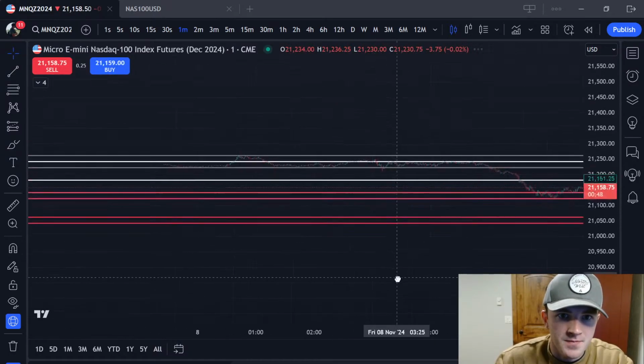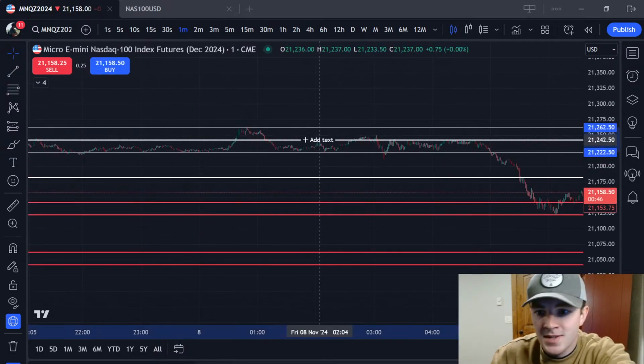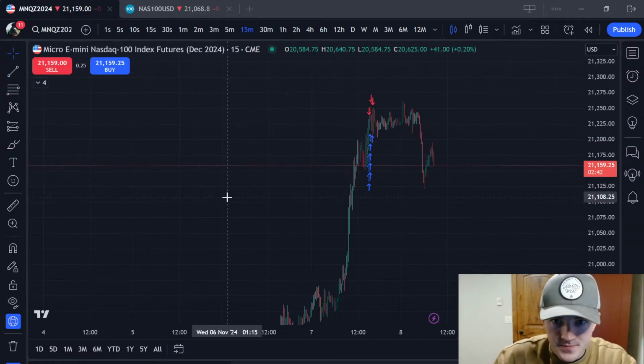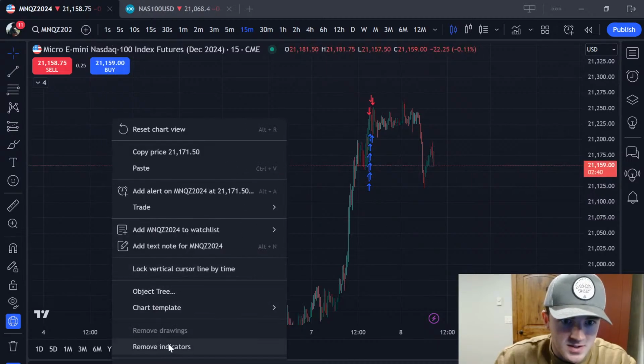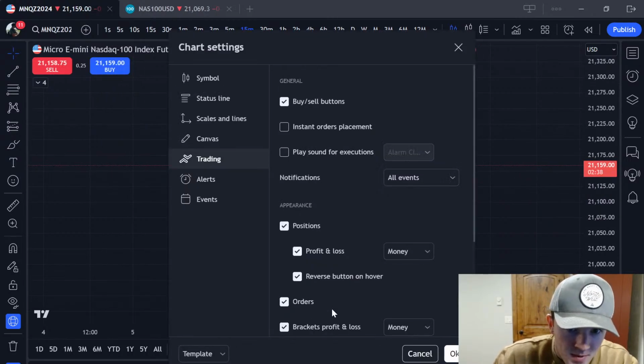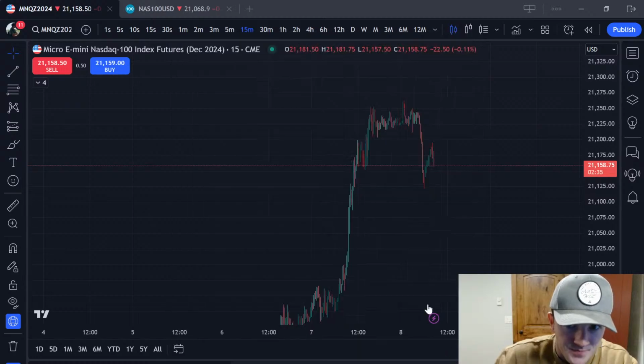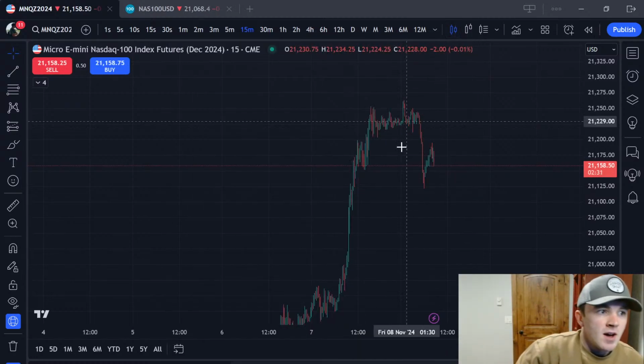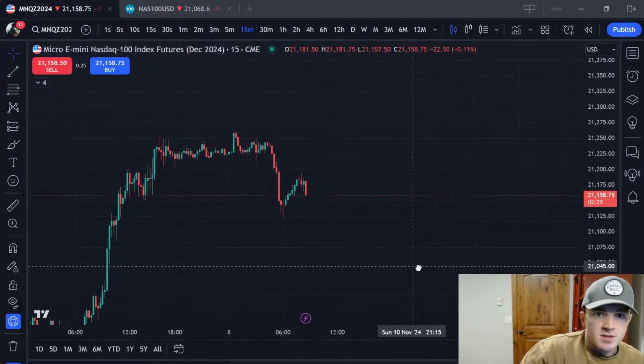Check this out, right? I'm gonna get rid of it just so you can see me do it in real time. Let's get rid of executions because I don't want them up right now. Okay. Look at this chart and tell me where the manipulation move was.